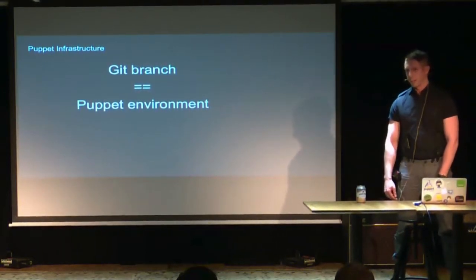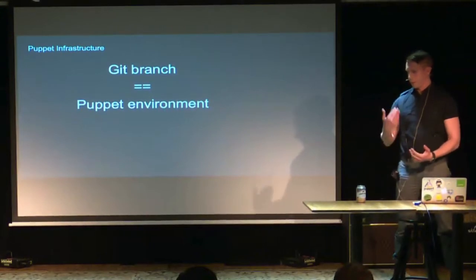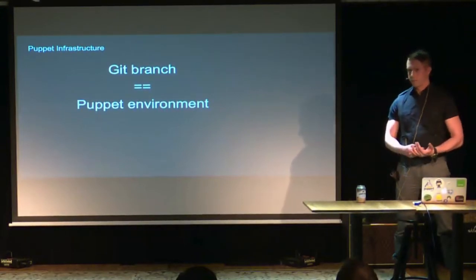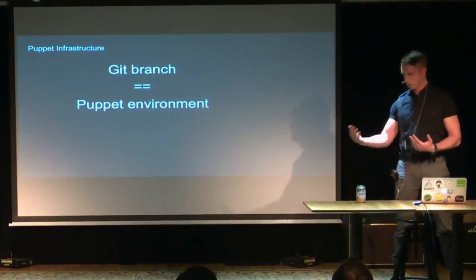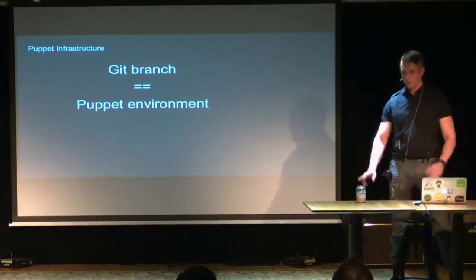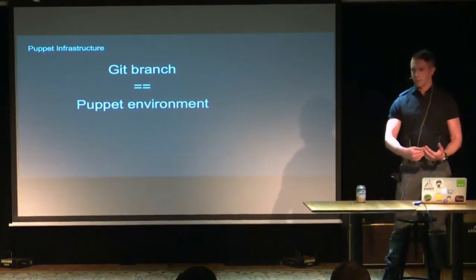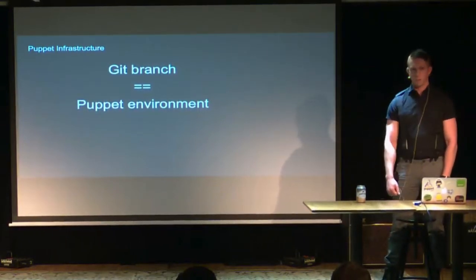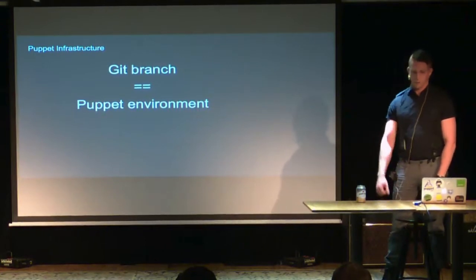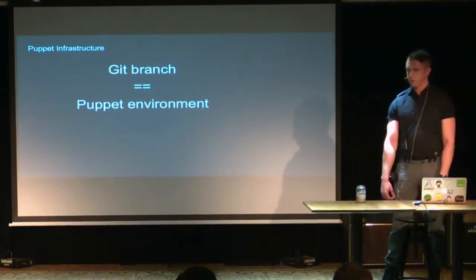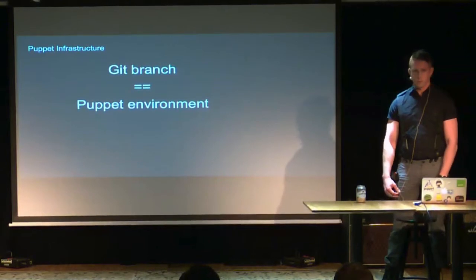So developers can develop Puppet code in feature branches and push it up to Gerrit without any reviewing going on, and then they can run Puppet against a different Puppet environment that is mapped to a Git branch. So I have a small wrapper script around Puppet.